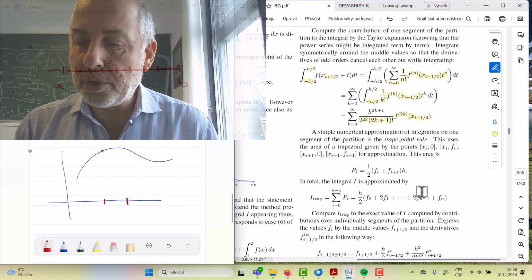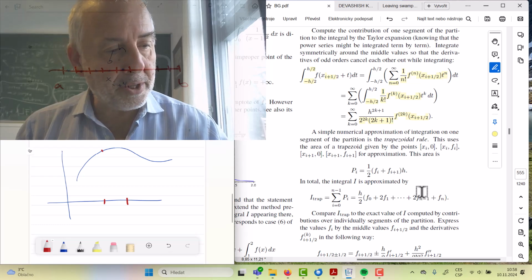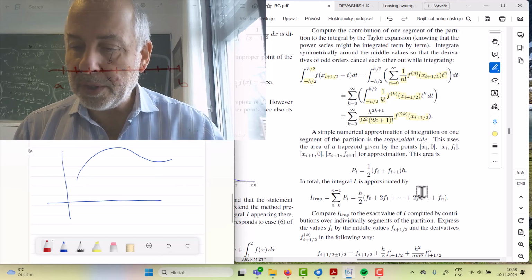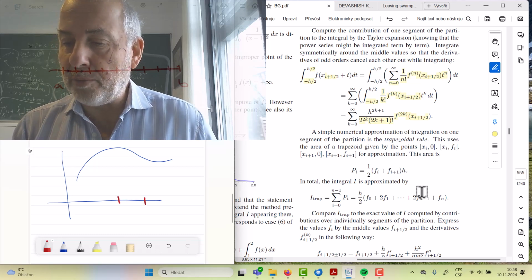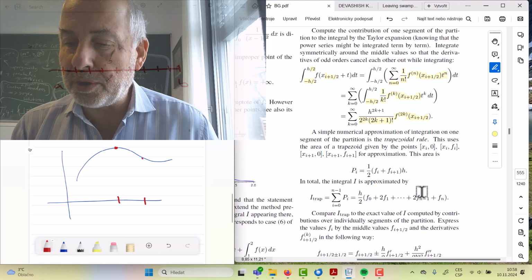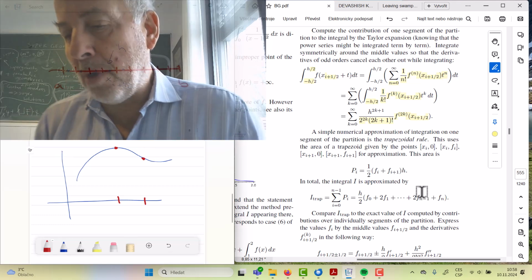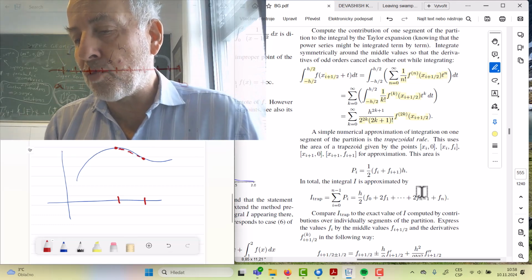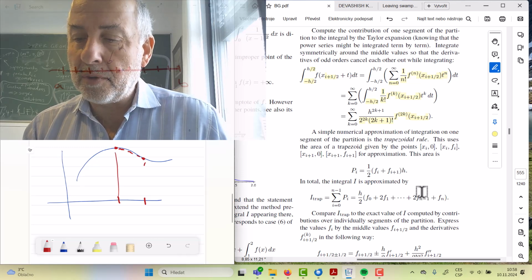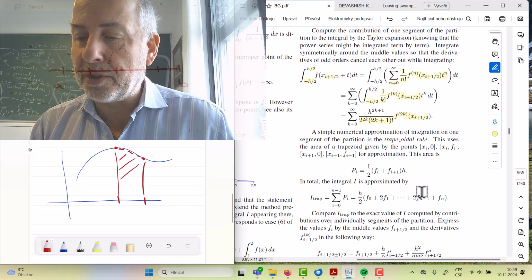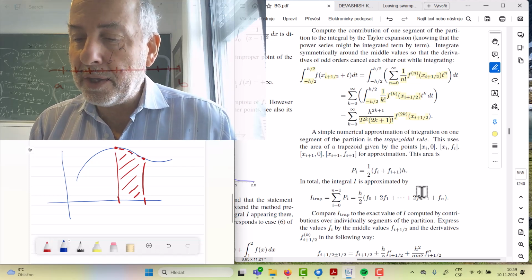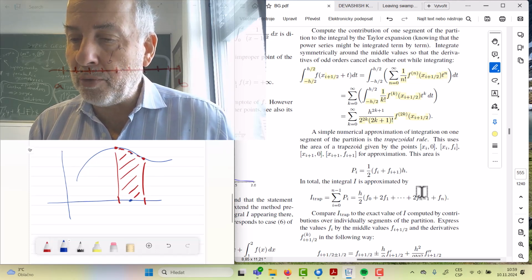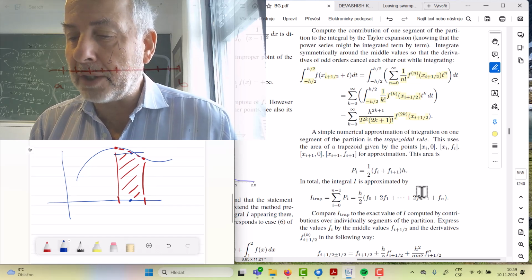Well, that's not very well chosen, so let's go to the skew one. So that will be our interval. I have this point, and I will take the most simple approximation, this one. So I will have this trapezoid, and of course this is the same as if I take the point in the middle and cut it here.